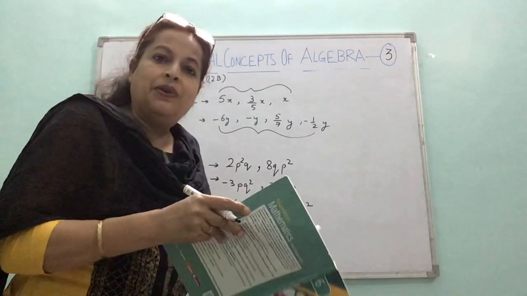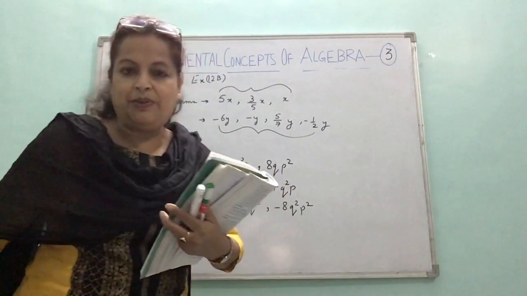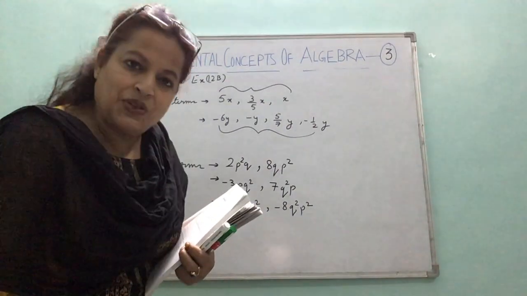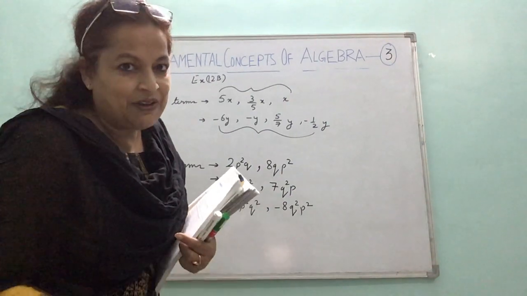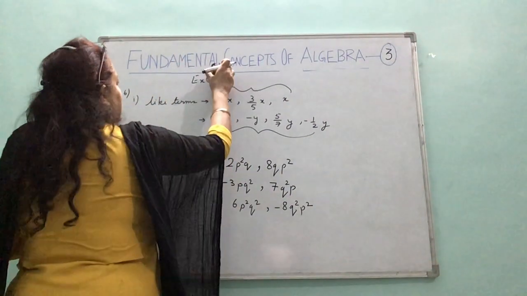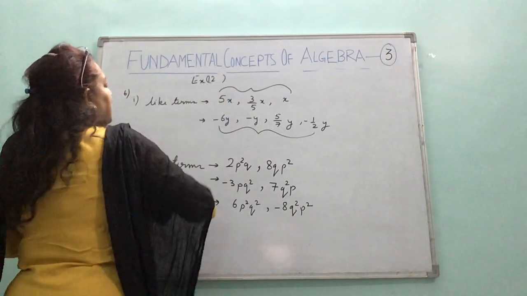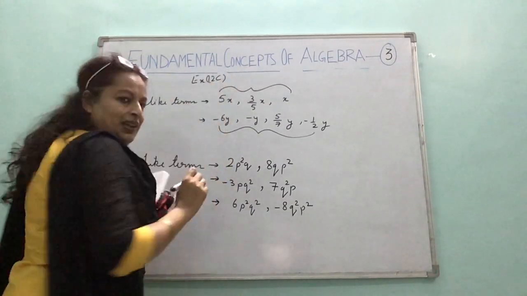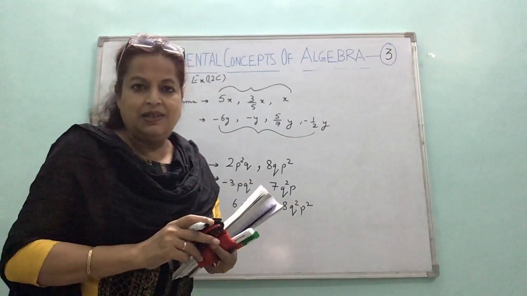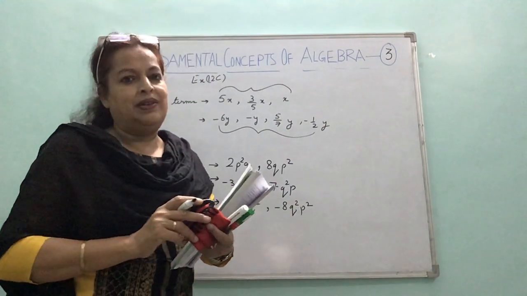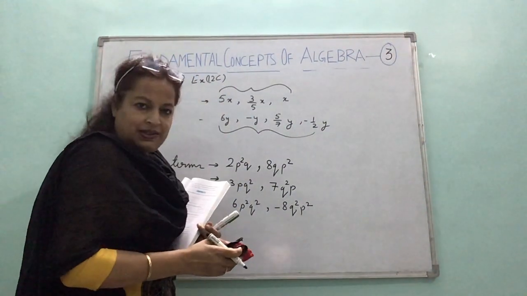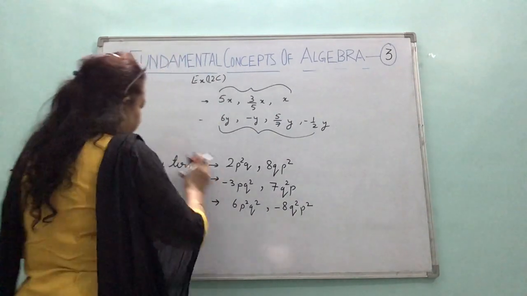Now I'll take up exercise 12C, about polynomial and degree of polynomial. Now all the questions are almost similar, so I'll directly take up question number 3 because that would cover all the other questions also. For your assignment in your classwork register, you do question number 3 only, all the parts, and the remaining in your practice register, right children?